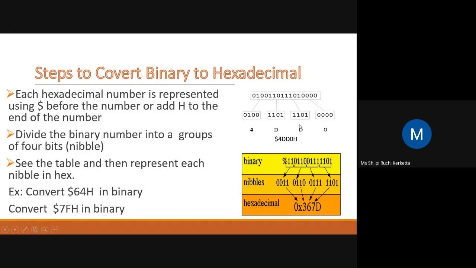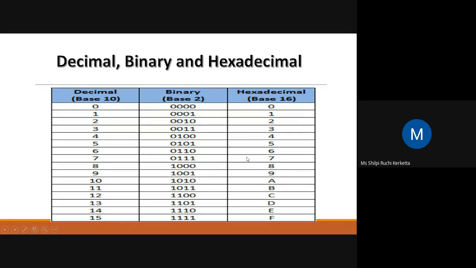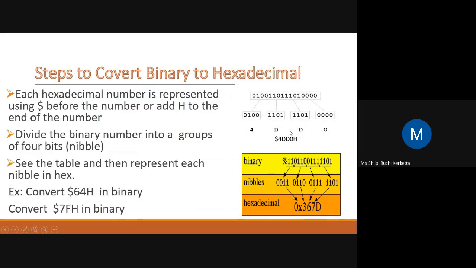For the second nibble, 1101 is there. We go to the table and see 1101. What is the hexadecimal value for this? It is D. So we write D for the second term.